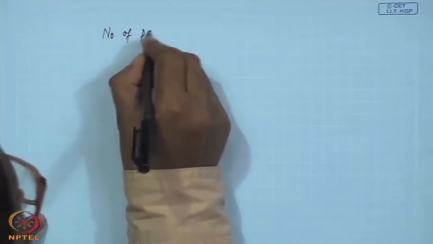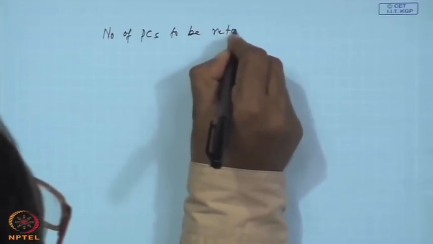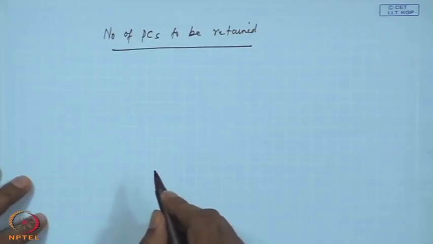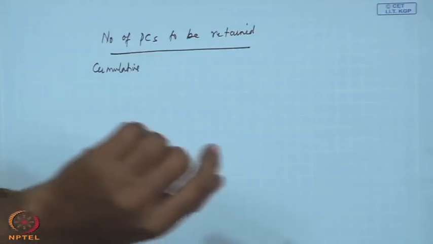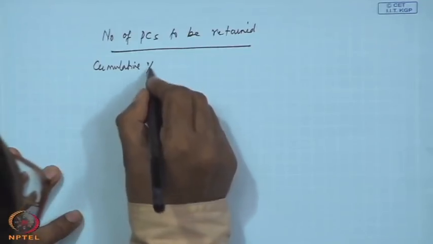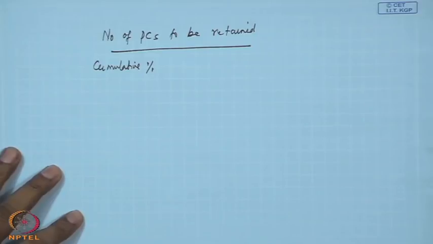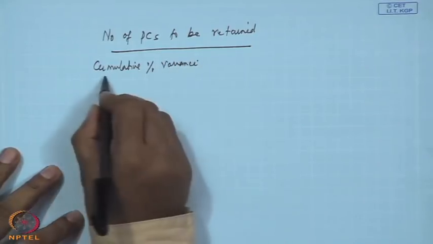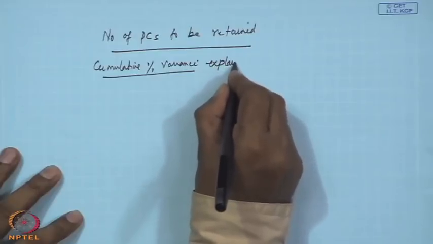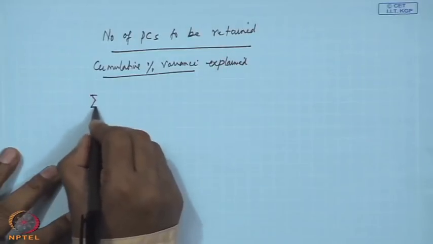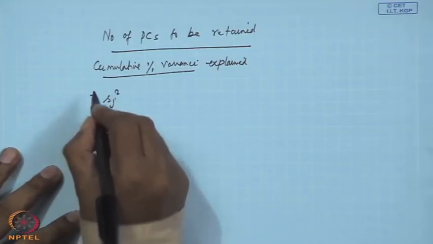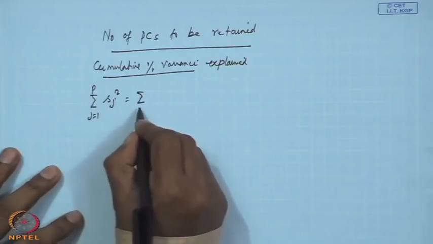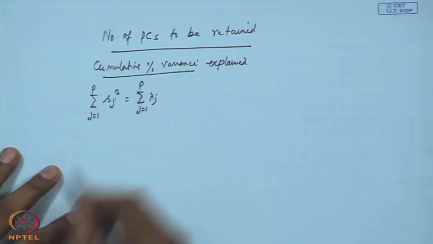Now, how many PCs will you keep? Number of PCs to be retained. There are several criteria. One of the criteria is cumulative percentage of variance explained. We have seen that the variance of the original data matrix is equal to the sum over j equal to 1 to p of lambda j, which we have proved.